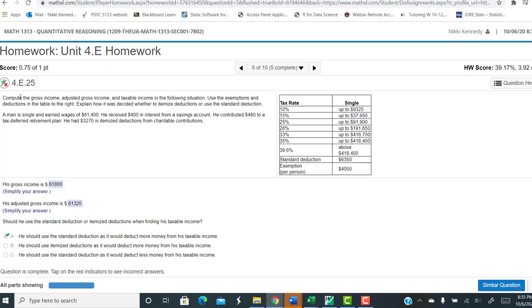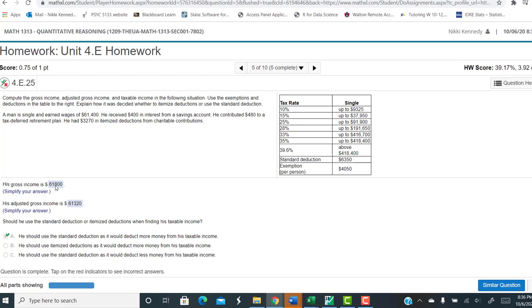So in this problem, you're going to get this table like what I was showing you before, and then you'll have a person. So this is a single man, he earns wages, and then it gives you some information. I want you to notice, for gross income, remember, that is all of the money that he is bringing in. So you're going to take the earned wages, 61,400, and add that to the 400, and that is how I got my 61,800.